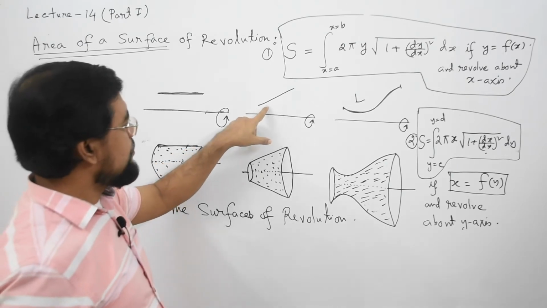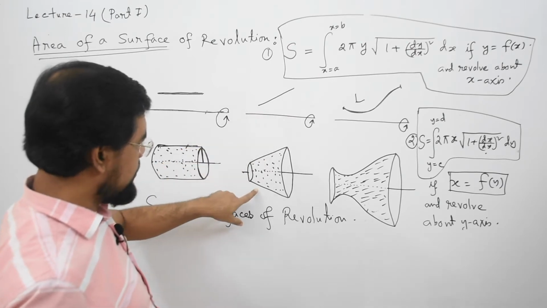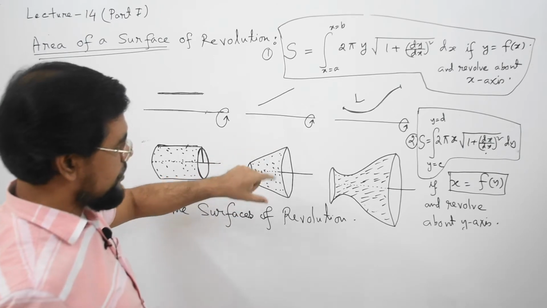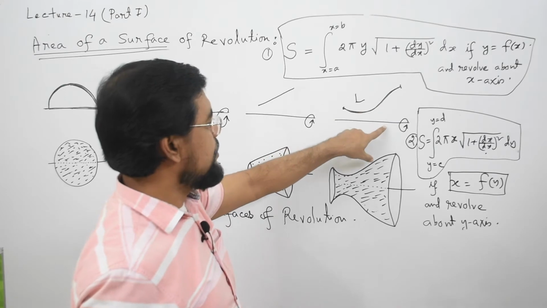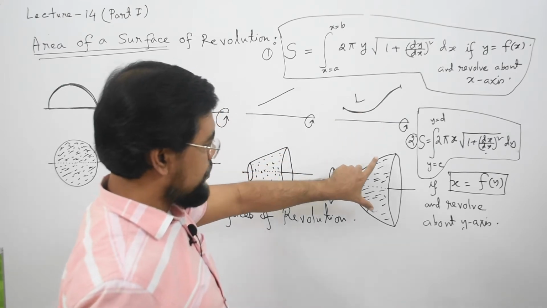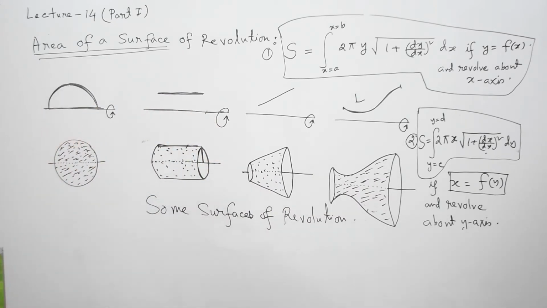If you revolve this line with this black line, you will get a 3D shape with empty interior. And again, if you revolve this curve with this straight line, you will get a shape with empty interior. So we understand what a surface of revolution is.